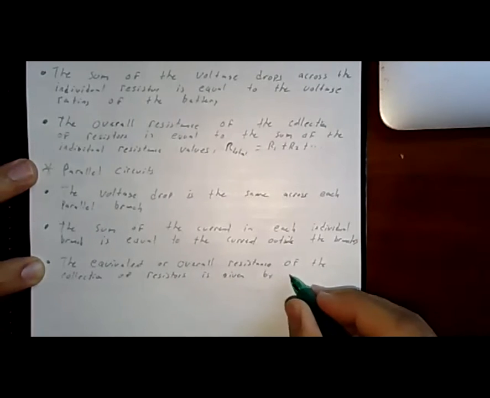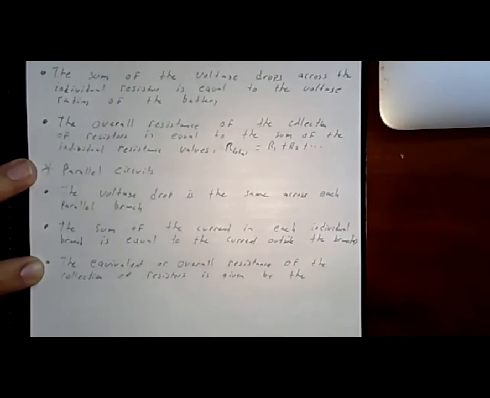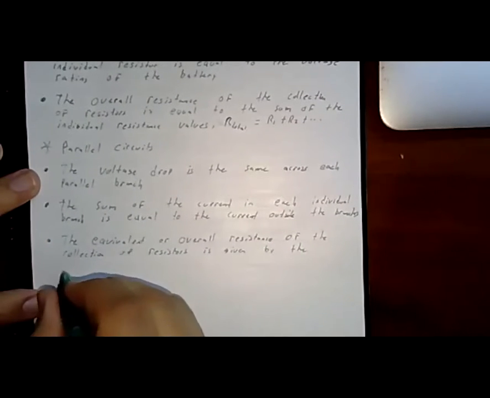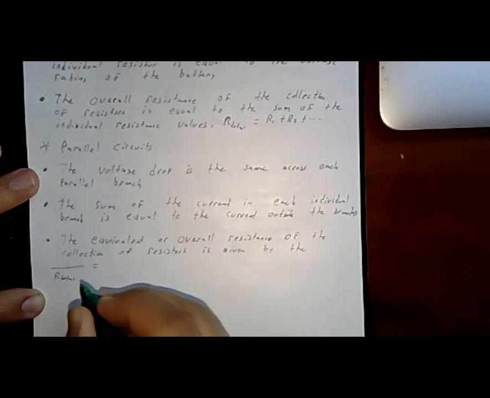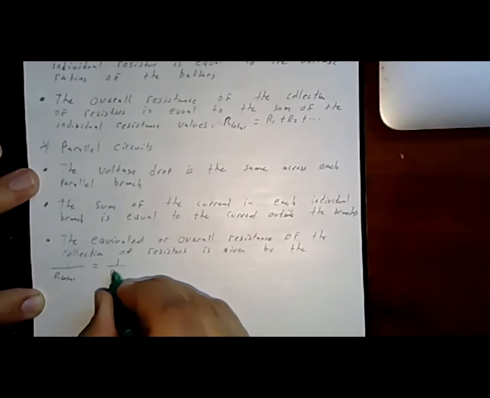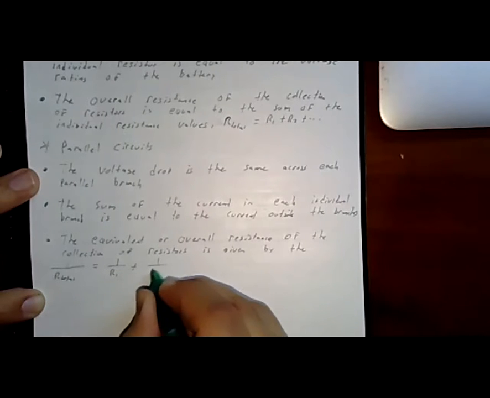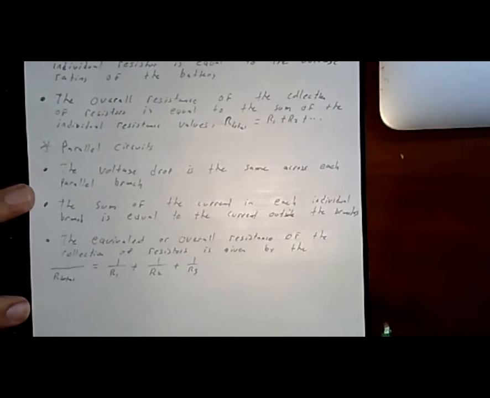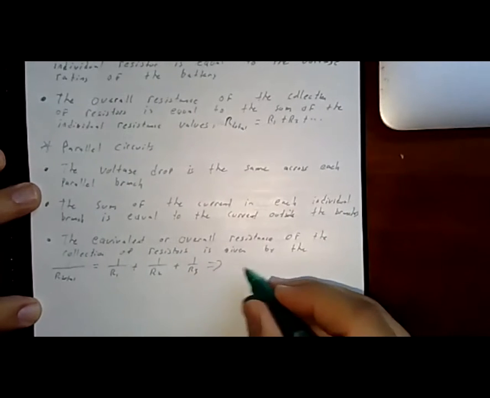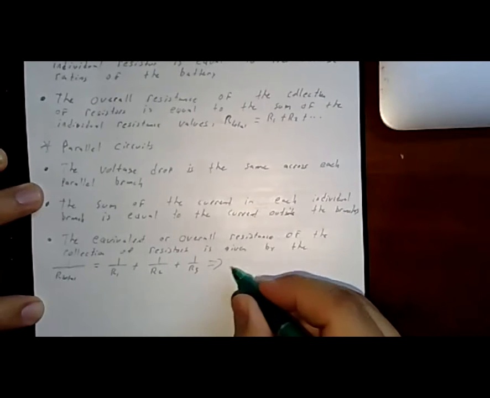This form is a little more annoying, but you can do it on your calculator or Excel pretty easily. So basically, it says that 1 over R total, or R equivalent, is equal to 1 over R1 plus 1 over R2 plus 1 over R3. Now, if you prefer this formula, because that way you don't do any thinking, just do this.